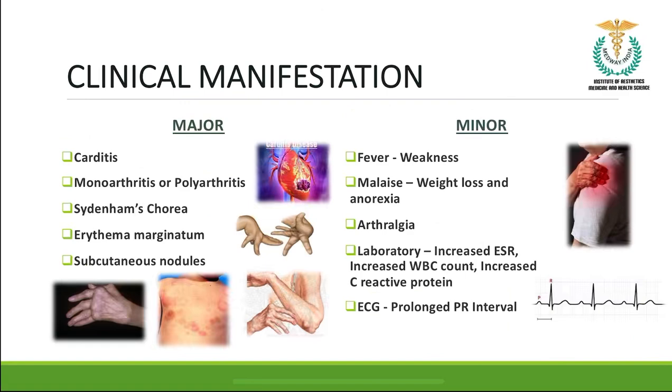This can be seen as a major clinical feature in RHD. Monoarthritis or polyarthritis. Monoarthritis is the inflammation of one joint at a time, and polyarthritis is the inflammation of five or more joints at a time. This inflammation of the joints can also be seen as a major clinical feature in rheumatic heart disease. Sydenham's chorea.